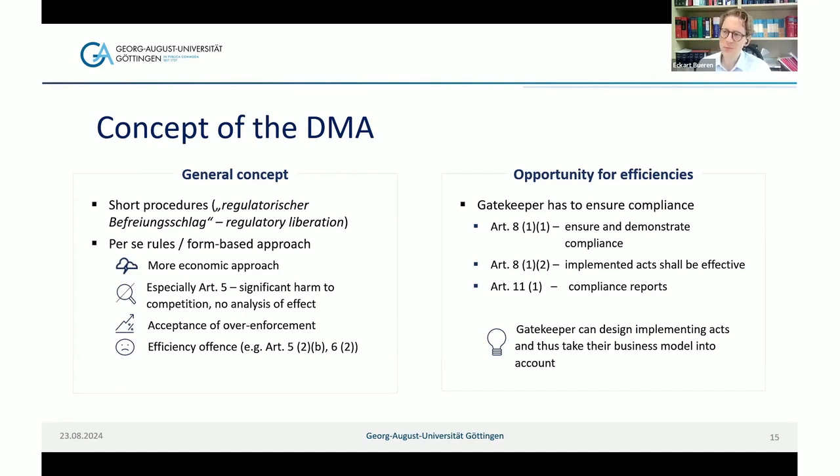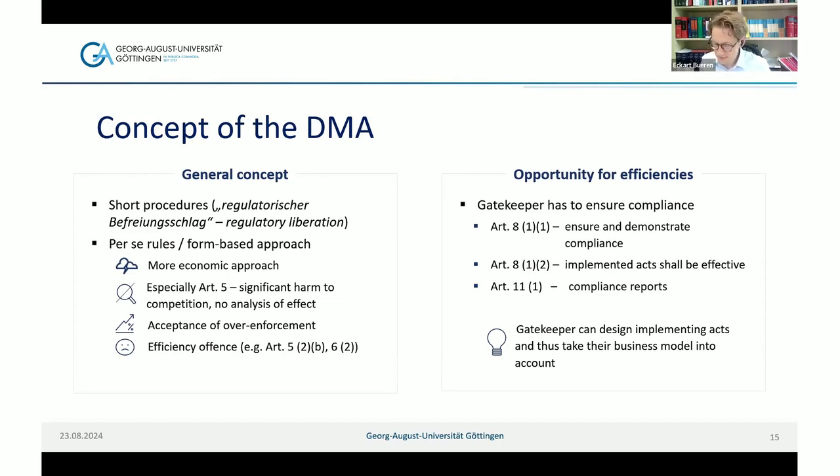The first is it just makes it easier, of course, because if the Commission would have to specify in every detail what the gatekeeper would need to do, that would be very complicated. The Commission would have to delve into lots of technical details. And so it makes things easier for the Commission, but it also makes things easier for the gatekeepers because they themselves can look at their business models and they can try to implement the DMA in the least intrusive way possible that respects the obligations of the DMA on the one hand, but also efficiencies and the business model of the gatekeeper on the other hand.